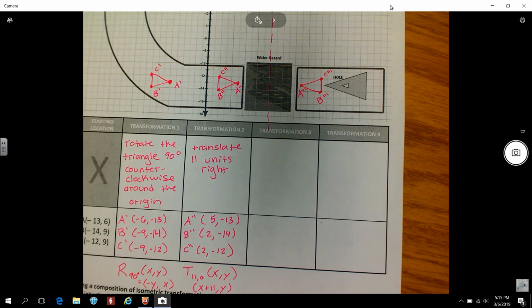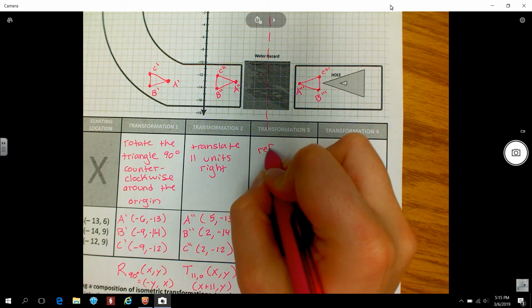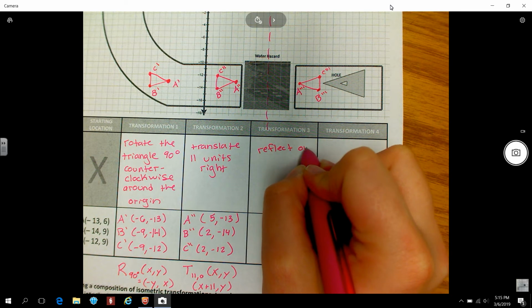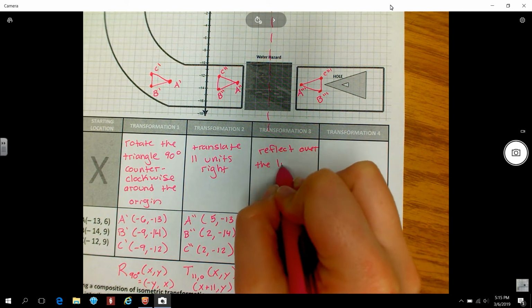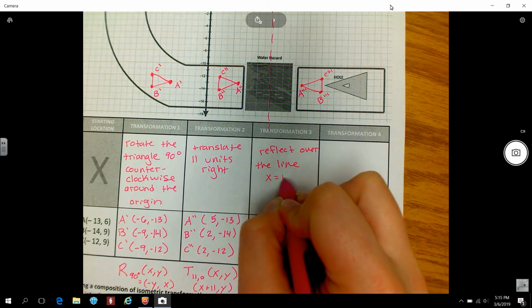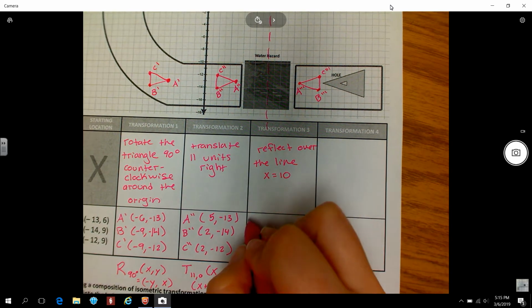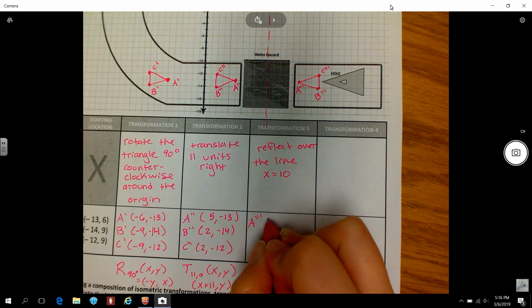So then my rule: I said reflect over the line x equals 10.